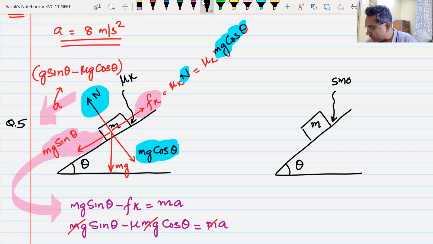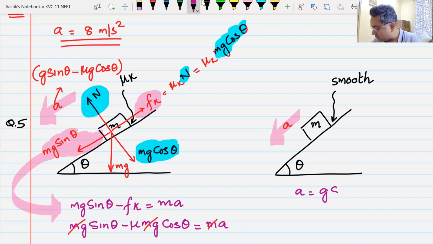When the inclined plane was smooth, frictionless, it was also moving down. In this case, what was the acceleration? I told you in the previous class also. A equals g sin theta. Very good. The acceleration was g sine theta because there was no force opposing it.